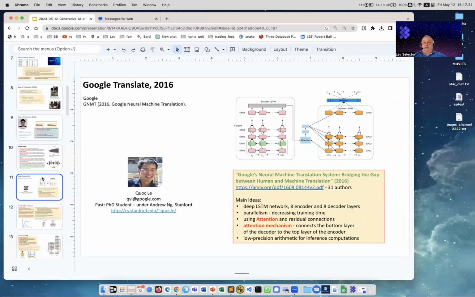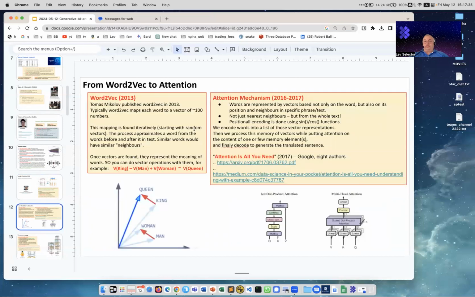In this article with many authors, 31 authors, they introduced the attention mechanism, which is basically a foundation of the transformer, which is the foundation of all large language models. The next year, they published an article, Attention Is All You Need. So this is the article, you can read it. It has 8 authors, and it's basically the transformer.